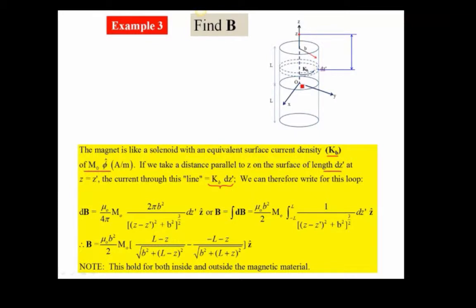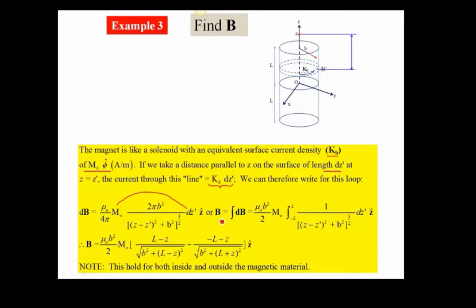So we're a distance z prime up here, and then this is the distance that we want. And so you just take z, which is from the origin, and subtract off the z prime. Then you put that into the loop equation, and it's going to be proportional to dI. Well, here's dI, M dz, because k_b is equal to M0, and then the direction is phi prime. So this expression here is just the B field due to that ring.